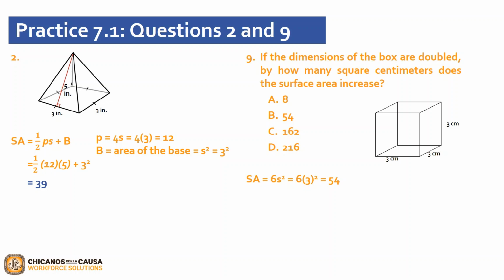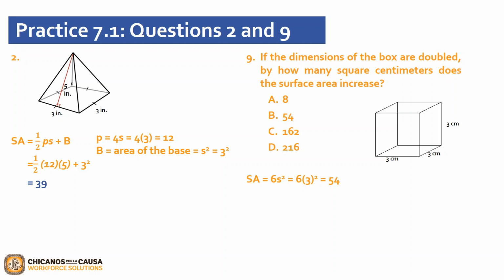So in that case, our formula is 6 side squared. So when we replace it with the value, we have 6 times 3 to the second power, which is 54. Okay, so that is the surface area when we have sides of 3.